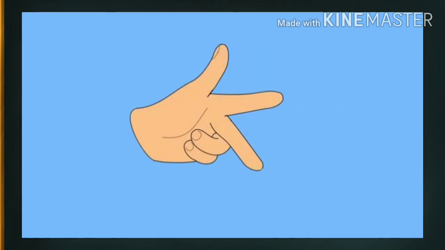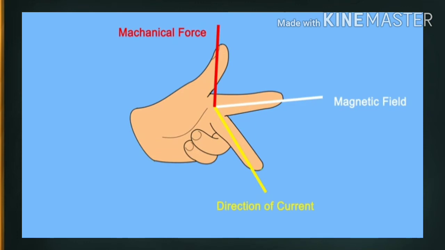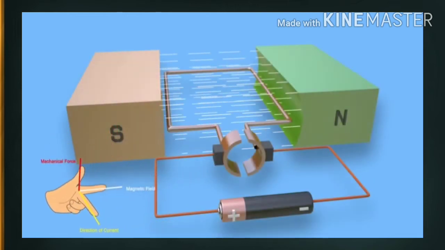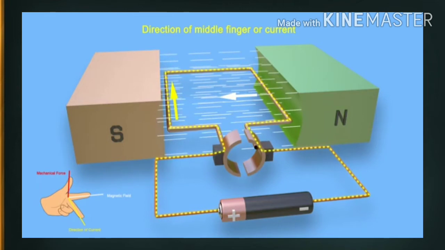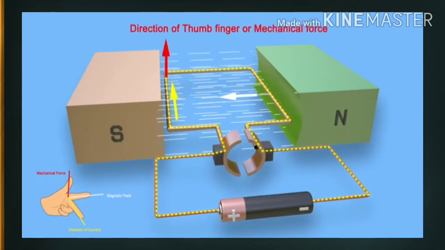To do this, spread out your left thumb, forefinger, and second finger so they are all at 90 degrees to one another. If the forefinger is aligned along the direction of the magnetic field, from north pole to south pole, and the second finger is aligned along the direction of the current in the left side conductor, then the thumb indicates the direction of mechanical force.